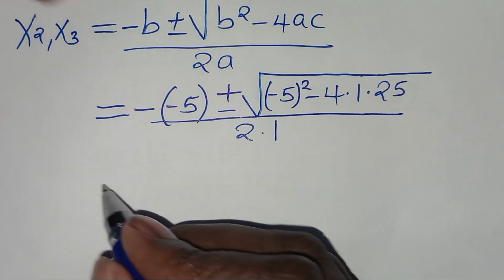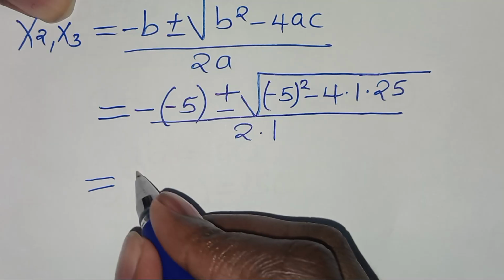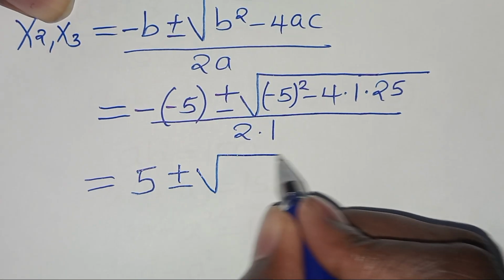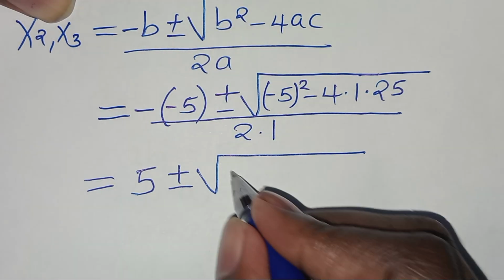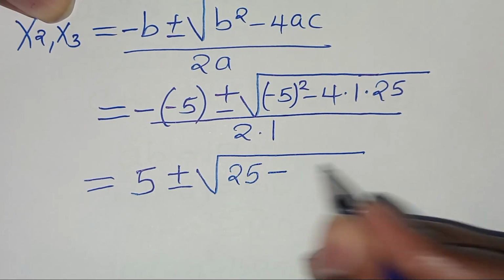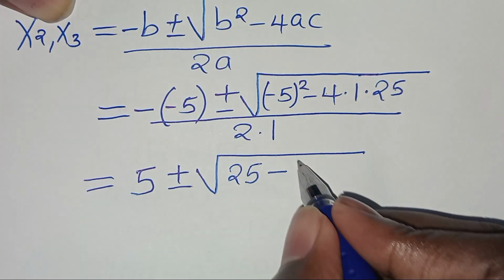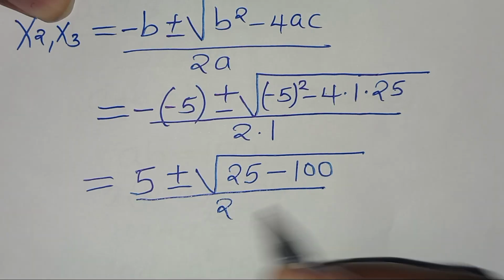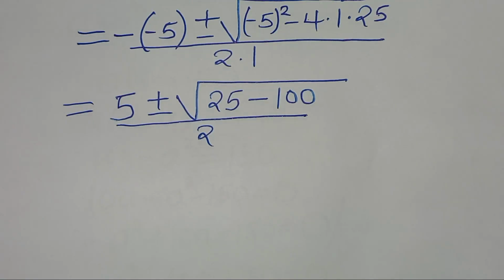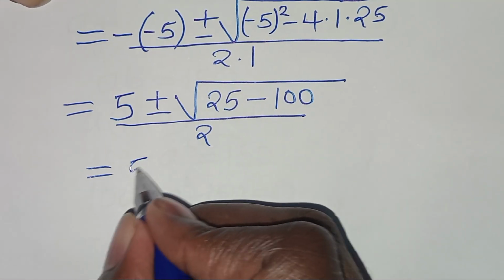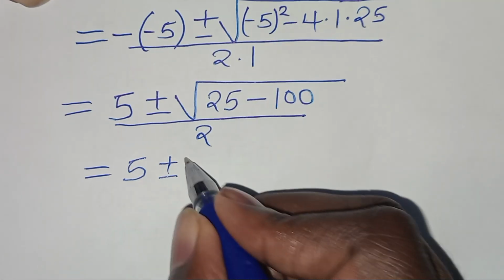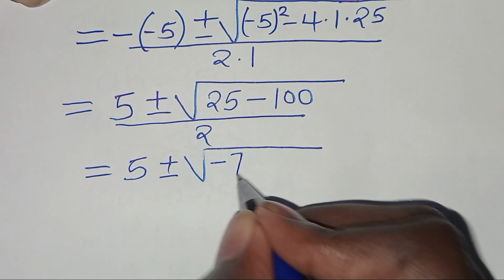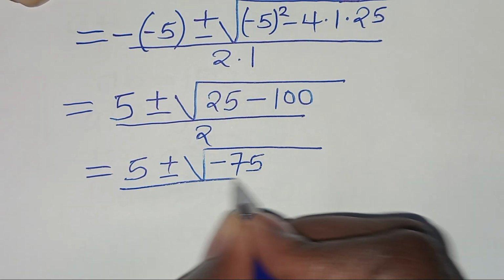Now this implies that we have minus times minus 5, which is positive 5, plus or minus the square root of minus 5 squared, which is 25, subtract 25 times 4, which is 100, everything divided by 2. So this implies that we have 5 plus or minus the square root of 25 minus 100, which is minus 75, over 2.